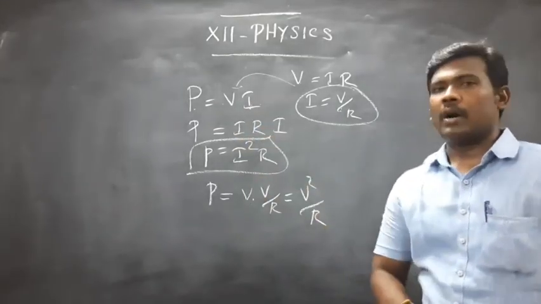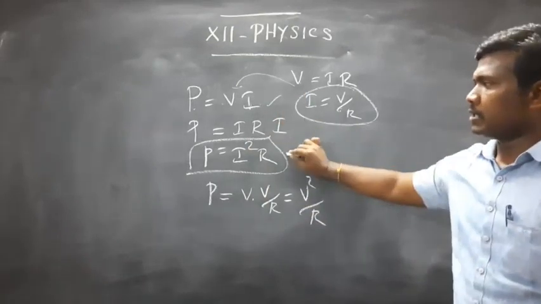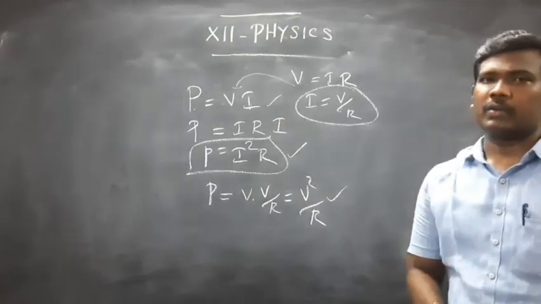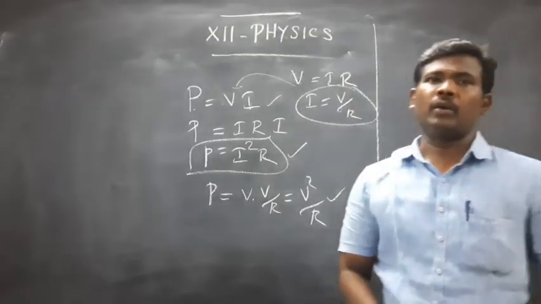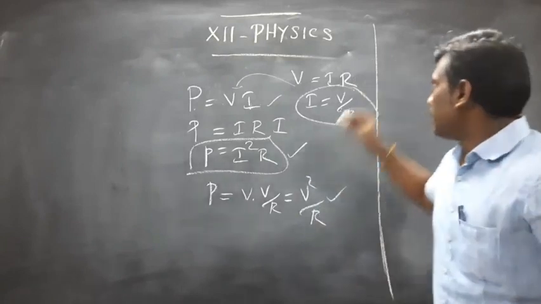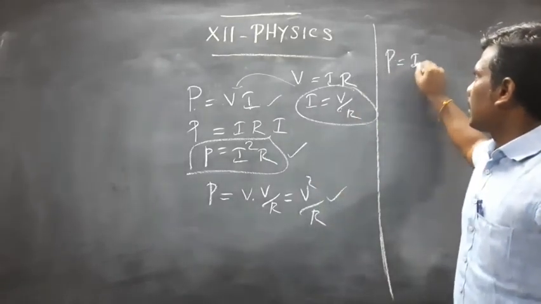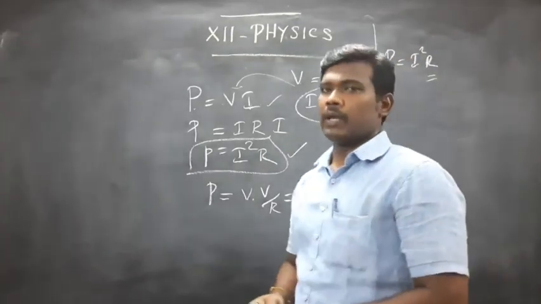Correspondingly, we are going to apply these formulas on numerical problems. Now we are going to relate the power with respect to the current. P is equal to I square R. R is the resistance of the particular material.